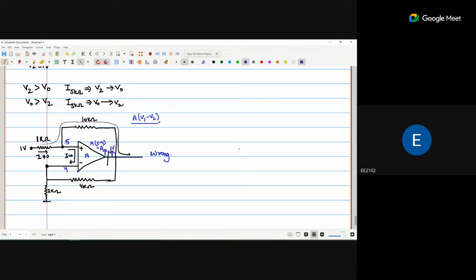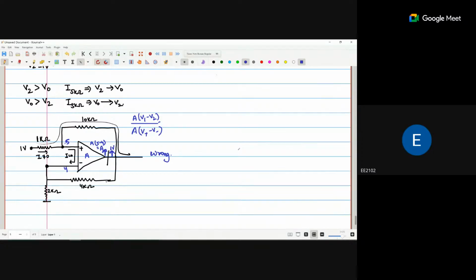Output voltage is A times V1 minus V2, or A times V positive terminal minus V negative terminal. What is positive terminal voltage? 5 volt. What is negative terminal voltage? 4 volt. So your output here is A times 5 minus 4, that is A times 1.